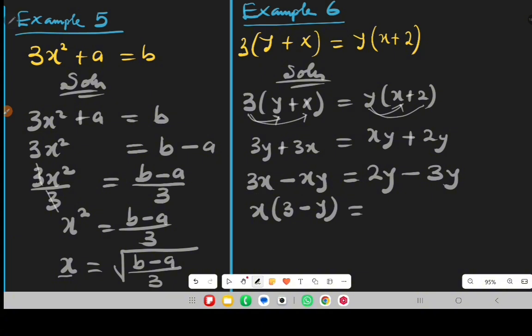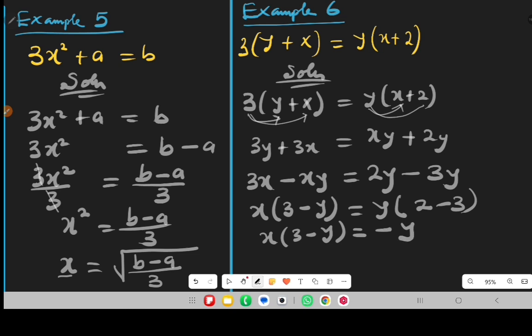Then equal to what is common, y is common, it becomes y into 2 minus 3, which will give us x into 3 minus y equals, on this side, 2 minus 3 will give us minus 1. Minus 1 times y gives us minus 1y, which is written as minus y.